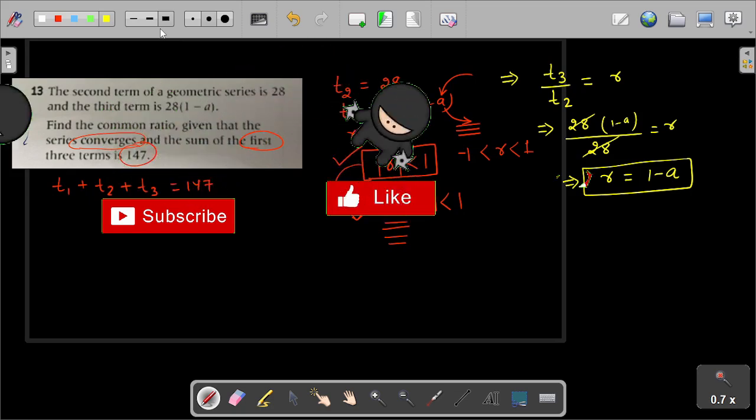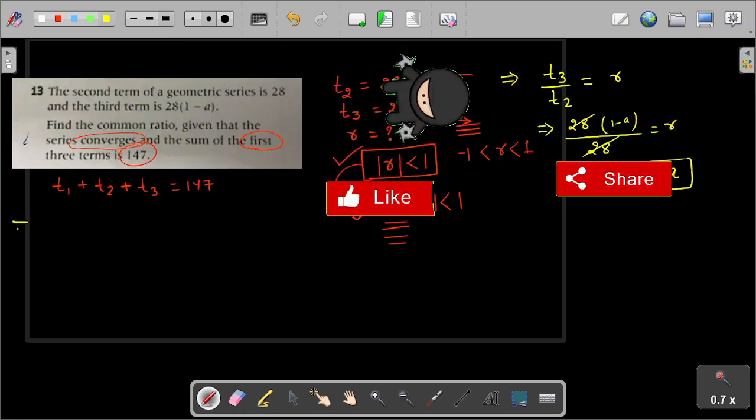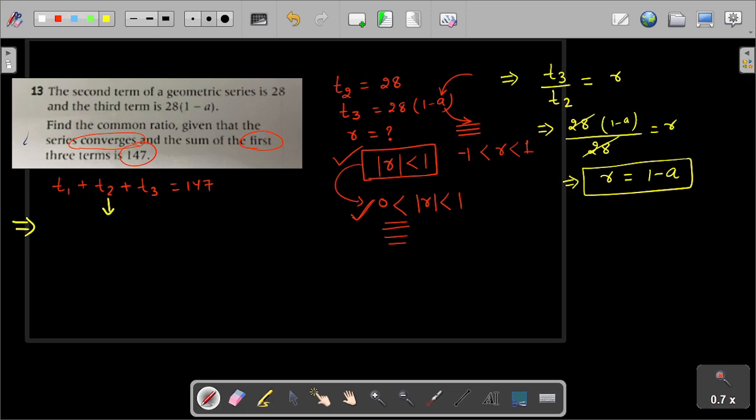Okay, see, I know the second term, which is given in the question as 28, and the third term is also given, that is 28 into (1 − a), and the sum is 147. We don't know the first term. But we know the common ratio. From the second term to the third term, it was just multiplied by r.